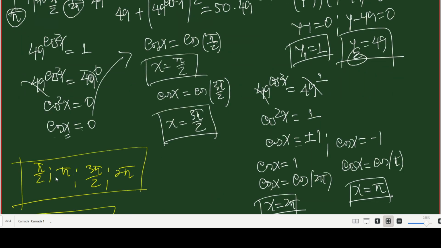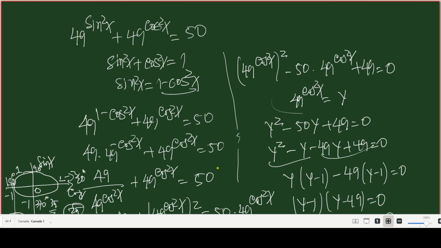And it actually works, because if we check with one of the solutions, let's pick the first one, pi over 2. We have 49 to the power of sine square of pi over 2, plus 49 to the power of cos square of pi over 2, and this should be 50.